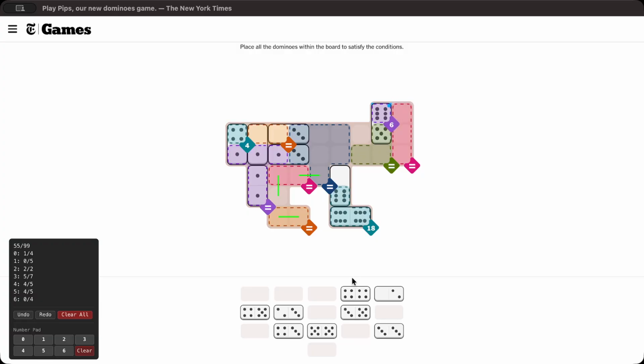If I do it this way, I would still need a 5 here and a 5 here, which I think is actually still possible. Because I could do something like a 5-4 with a double 4 and a 5-3.